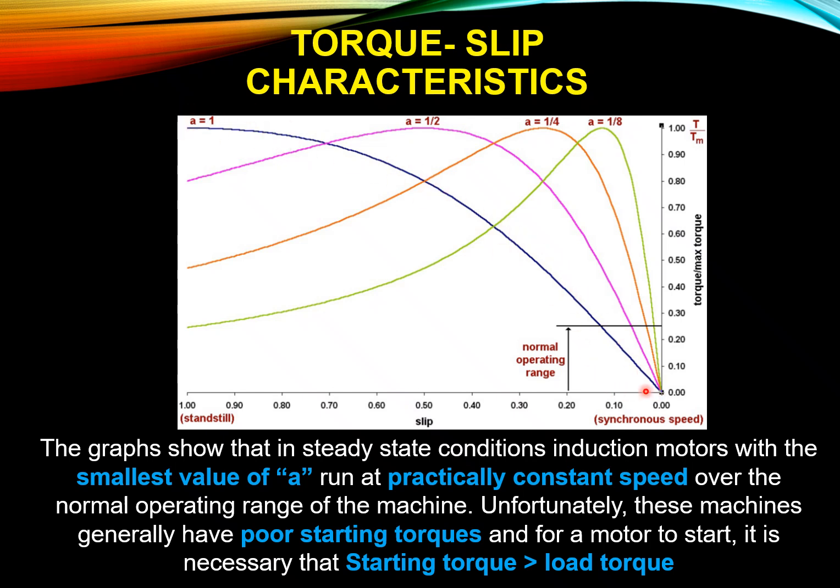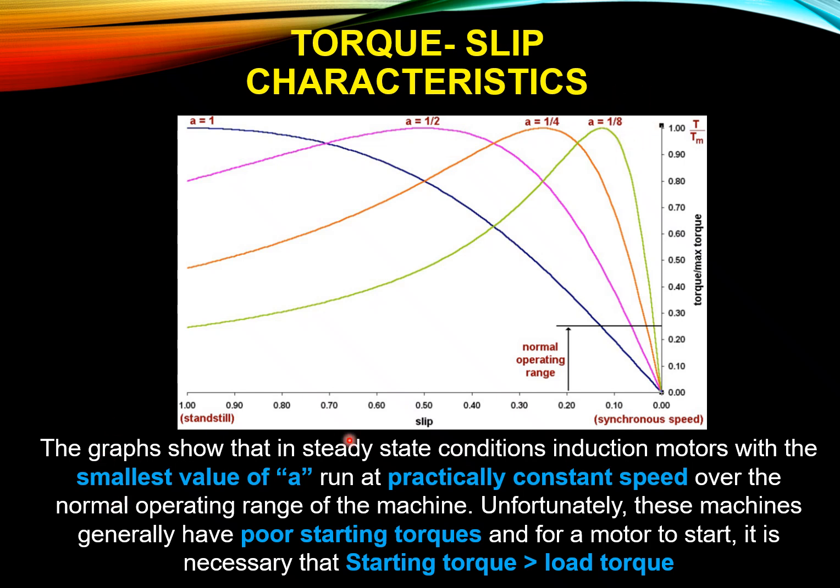The torque will reduce. So at standstill, when slip equals 1, slip is maximum. But you can see various values of the ratio a. So a equals 1 quarter and also 1 over 8.